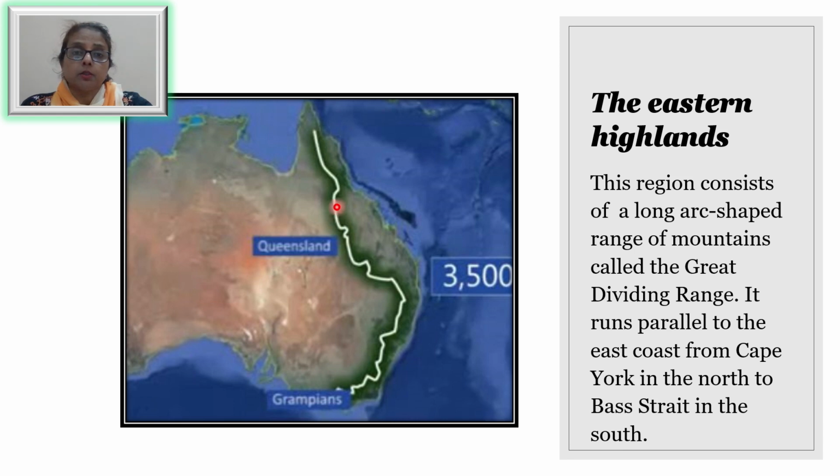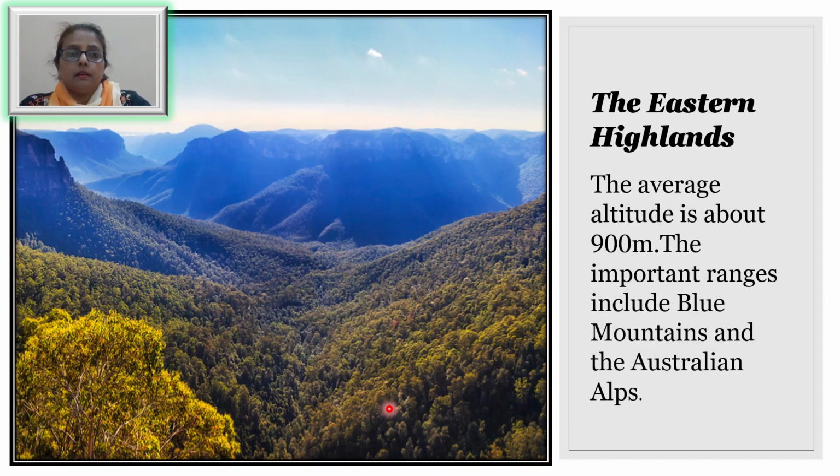It runs parallel to the east coast of Australia, from Cape York in the north to Bass Strait in the south. The average altitude of the Eastern Highlands is about 900 meters above sea level. The most important ranges are the Blue Mountains and the Australian Alps.